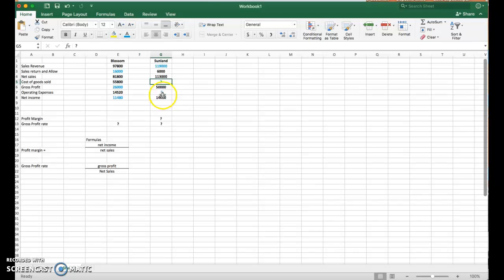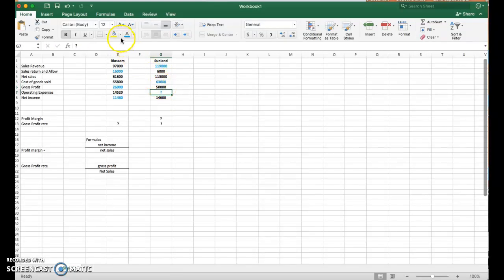And if you add these two together, you're going to get these two. So cost of goods sold and gross profit, we're going to get our net sales. So this one, subtract that one. We're going to get 63,000.